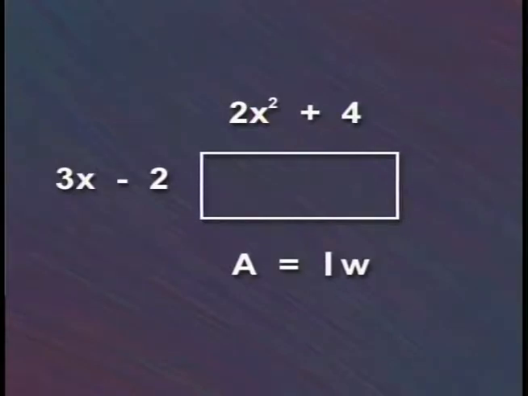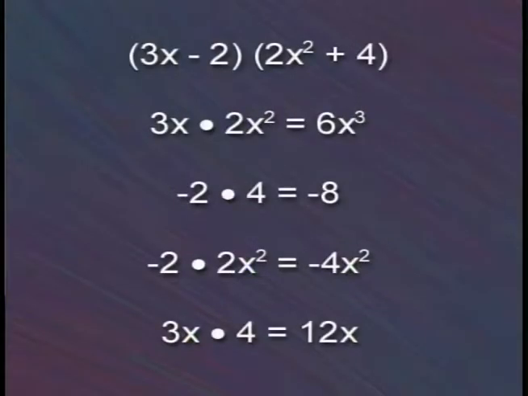Let's set up the factors and expand the expression. 3x times 2x squared equals 6x cubed. Negative 2 times 4 equals negative 8. Negative 2 times 2x squared equals negative 4x squared. 3x times 4 equals 12x.